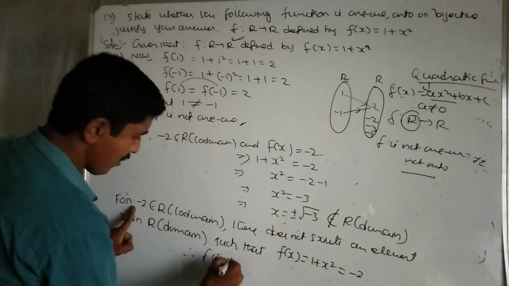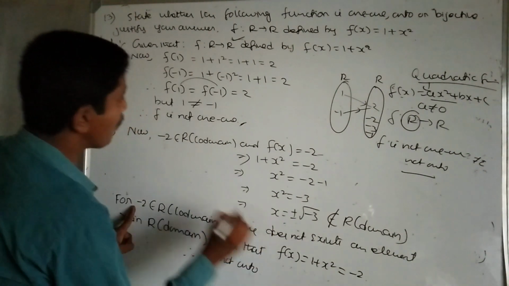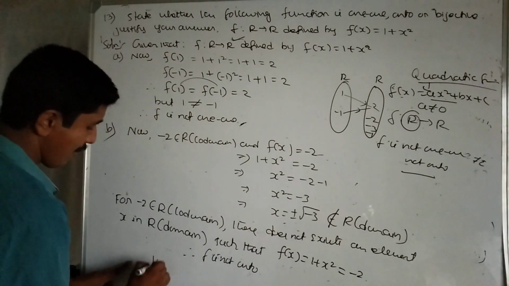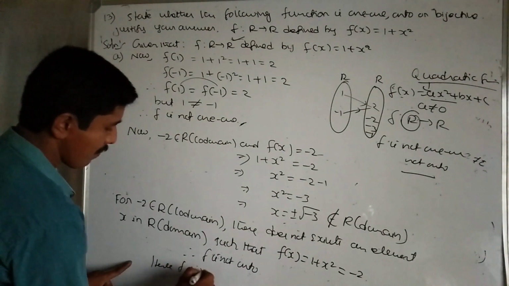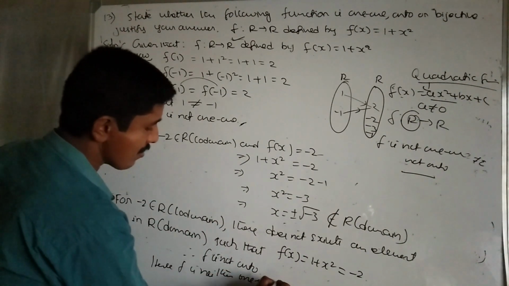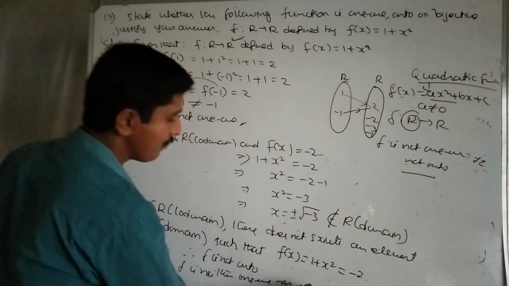Therefore, f is not onto. Clearly, not 1-1 and not onto. Hence, f is neither 1-1 nor onto.